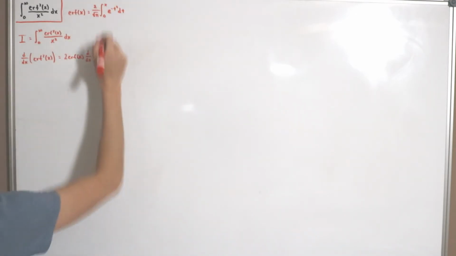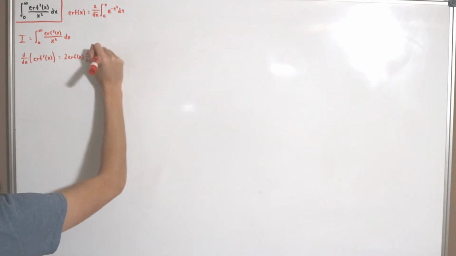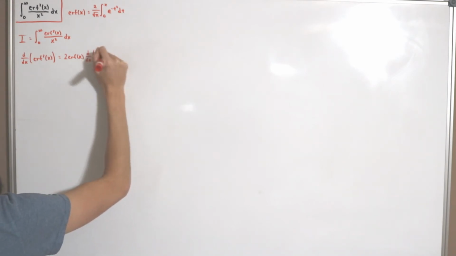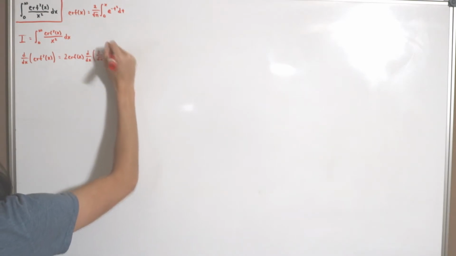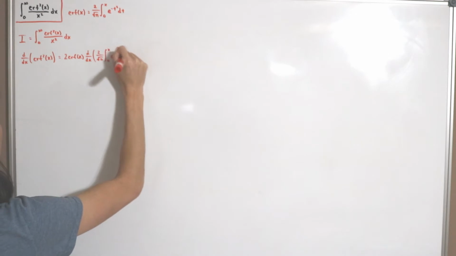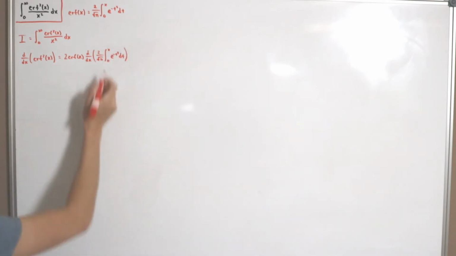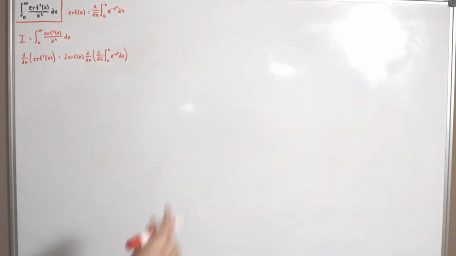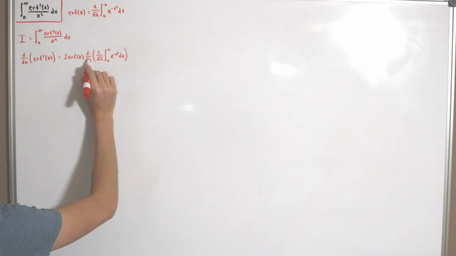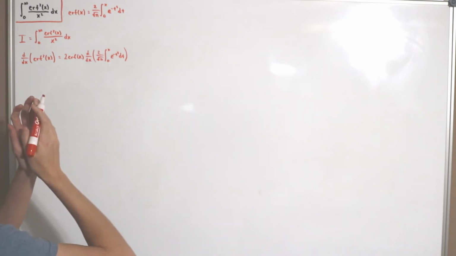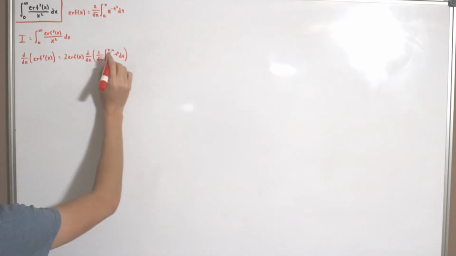I'll replace that with the formula we defined. So it's the derivative of 2 divided by the square root of pi multiplied by the integral from 0 to x of e to the negative t squared dt. This is not hard to show because you can use the fundamental theorem of calculus. The derivative and the integral cancel each other out, so the only thing left is to plug x in for t.